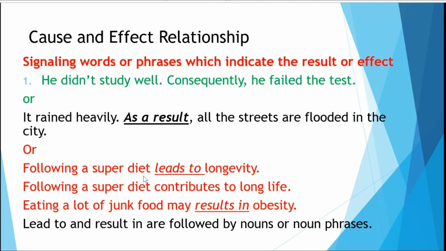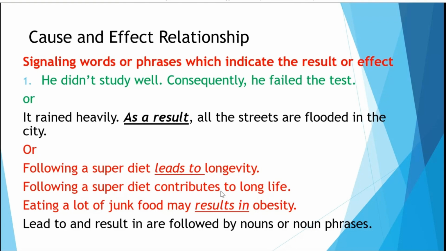Following a super diet leads to longevity. Now, when you are using leads to, contributes to, or results in, you have to use either a noun or a noun phrase. For example, if you look at this sentence, following a super diet leads to longevity, we know that this is a noun after leads to.